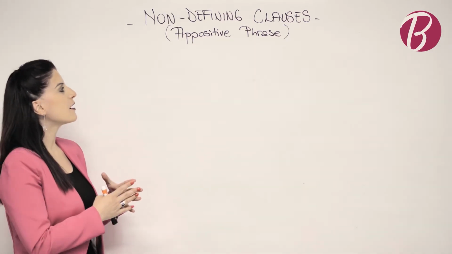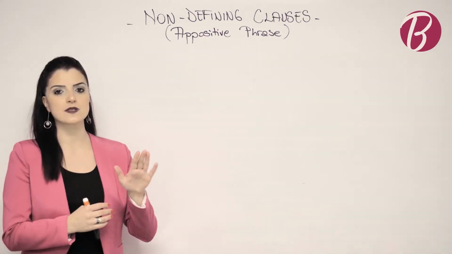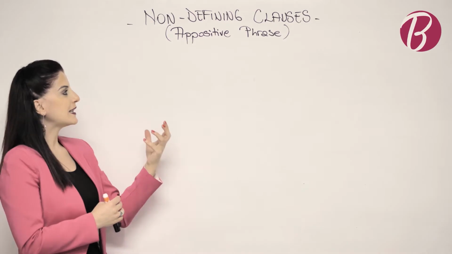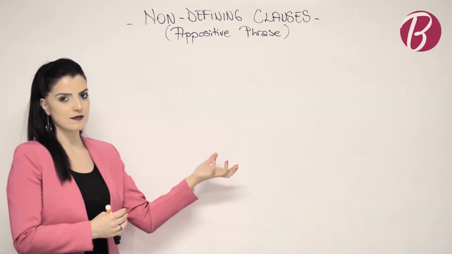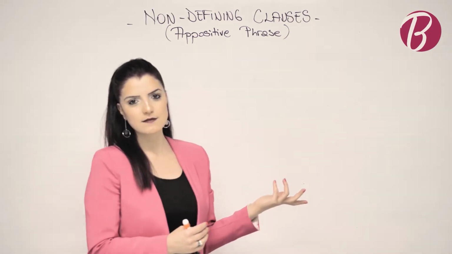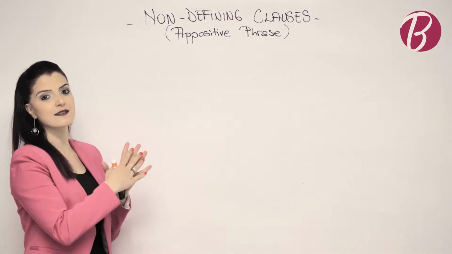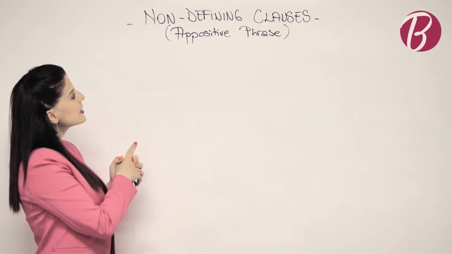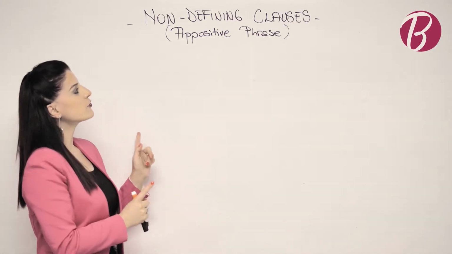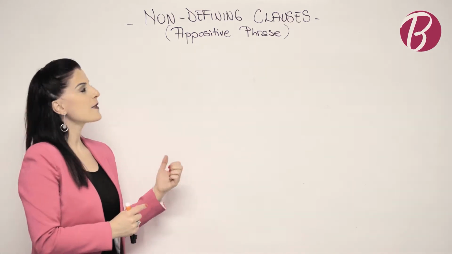They give extra knowledge and information about some other people, some other objects, or the thing that we want to mention. That's why they are extra clauses. That's why it is not a kind of grammatical structural sentence. In this part, I'm going to show you why we use non-defining clauses.